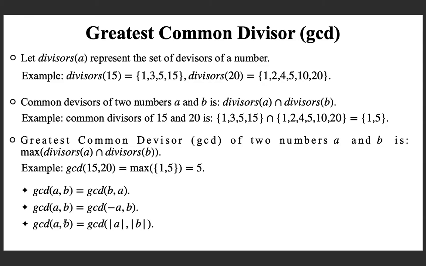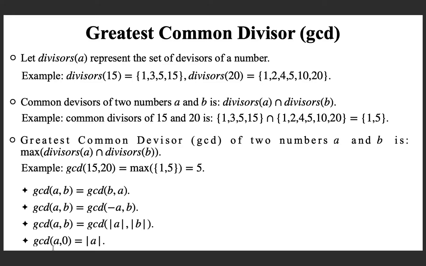And GCD of A, B is also equal to GCD of absolute value of A, absolute value of B. So if you want to find the GCD of minus 15 and 20, you can find GCD of 20 and 15, that is enough.